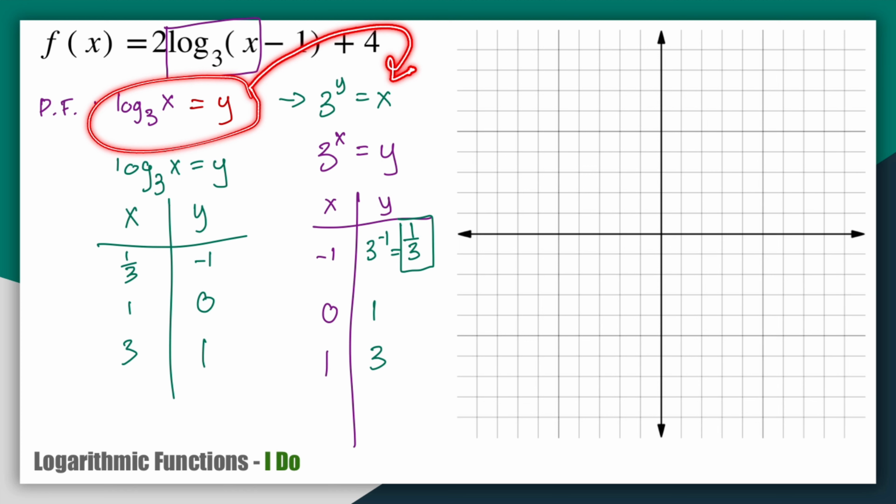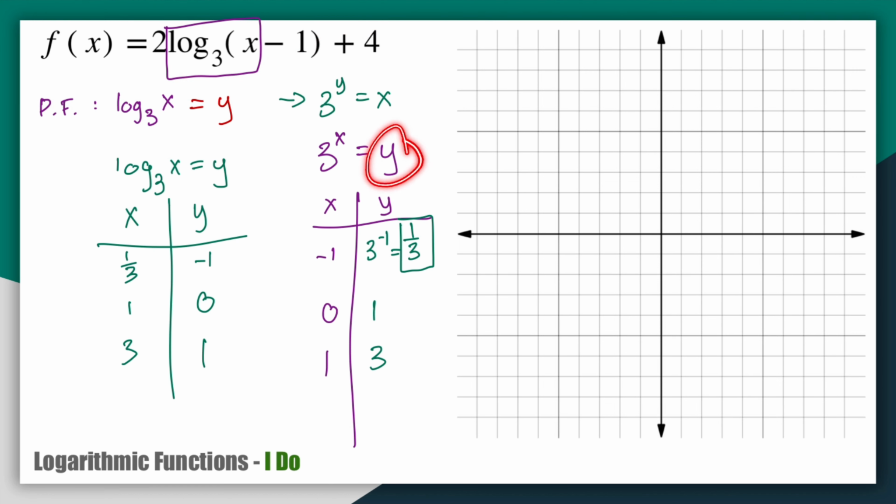But when we think about them as functions with outputs, we care. So I flipped them again so I can think about my exponential form as x being my exponent and y being my output. Okay? I use this exponential form to find my parent points, right? Using -1, 0, and 1. Plugged those in, and I got out my y.